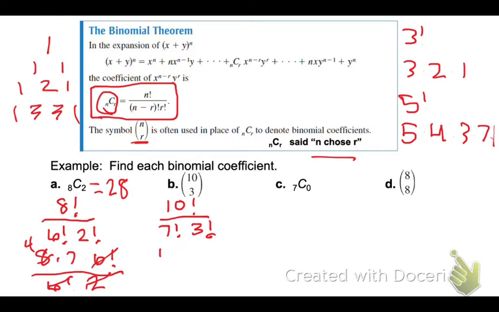So it's going to be 10, 9, 8, 7 factorial, and then 7 factorial. And 3 factorial is 3 times what? 2. And we don't have to write the ones, do we? No, because it's just times 1. Okay, so 7 factorial and 7 factorial can reduce. Yes?